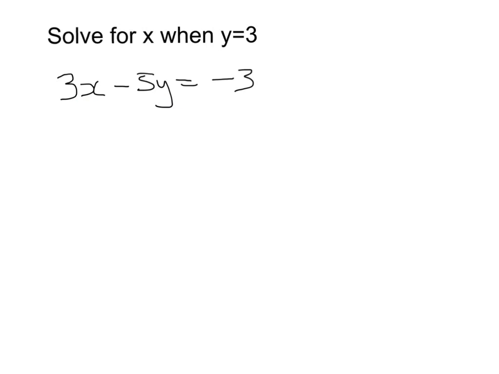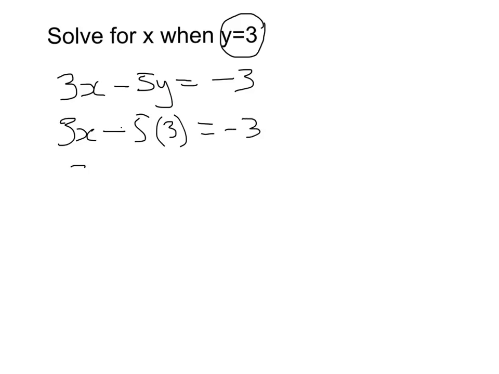Well, you already know what happens here because I know that y is equal to 3. So all I've got to do at this moment is just plug 3 in. We're going to sub 3 in for y. So I get 3x minus 5 times, and instead of y, we're going to put 3, and I always put it in the brackets to show that we've subbed it in, equals negative 3.